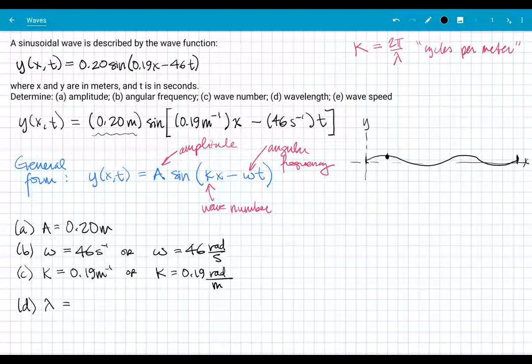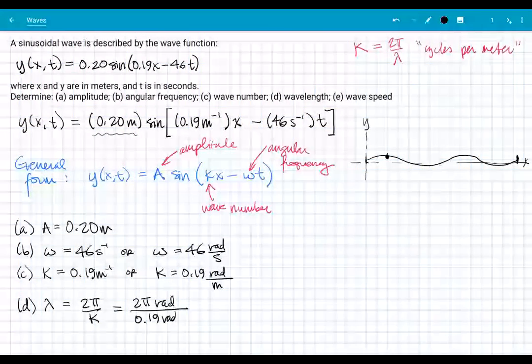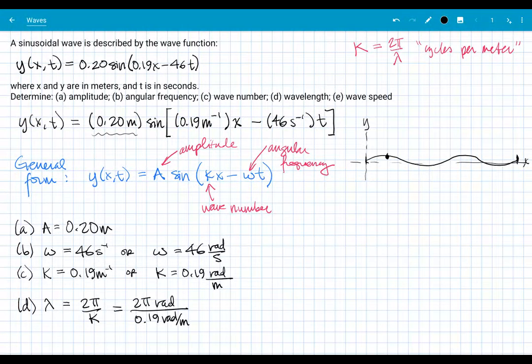Wavelength is equal to 2 pi over my wave number. So 2 pi, and that's really radians, divided by 0.19 radians per meter. That gives me 33.1 meters as my wavelength.